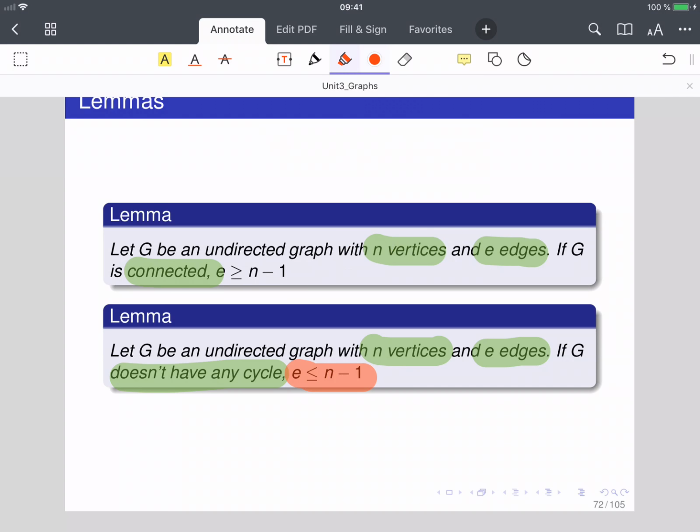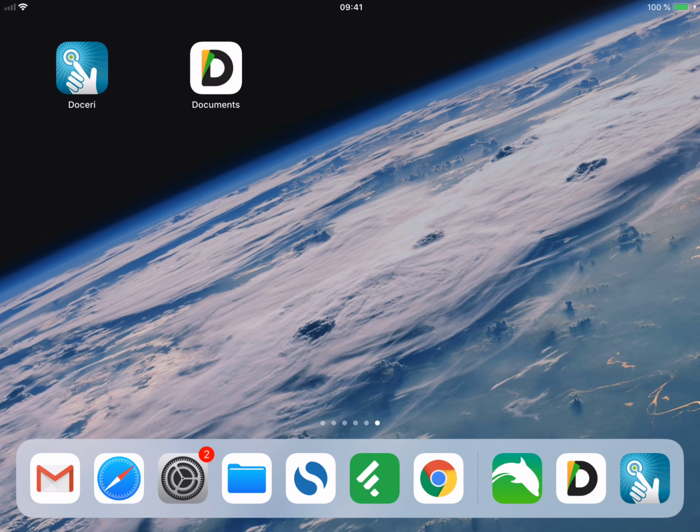Okay, so it means that if we have more than n minus 1 edges, then we at least have a cycle. Okay, so any graph that has no cycles has at most n minus 1 edges. Okay, and let me give you an example and then a clarification, a warning about how not to interpret this result.